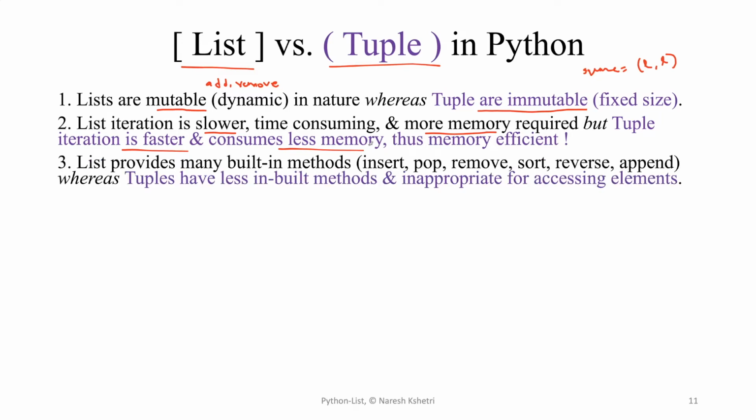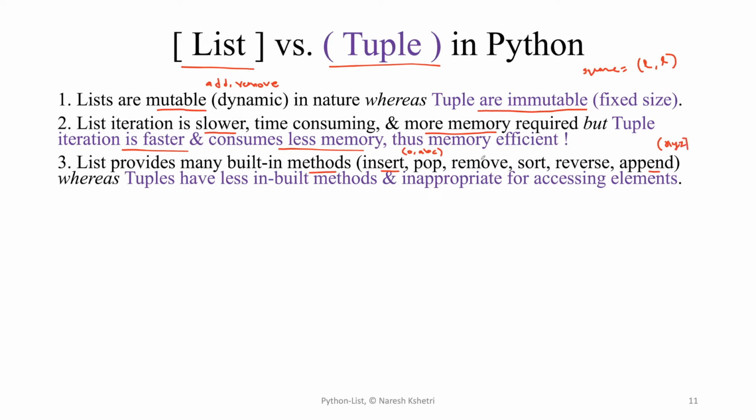Another thing is the functions or methods that are provided by Python. In the case of lists, there are more methods provided. For example, you can insert at any index, say index 0 with a value ABC, or you can append something, which means you can add anything at the end of the list.